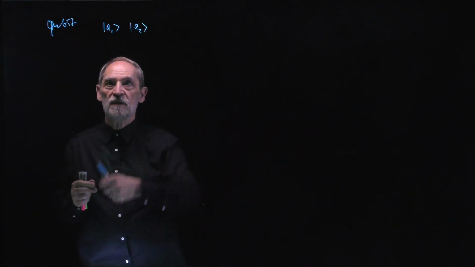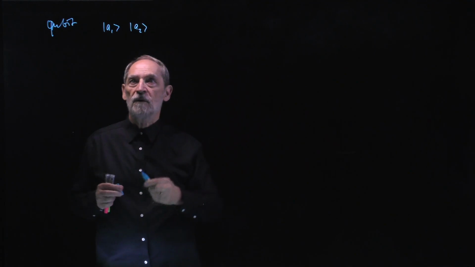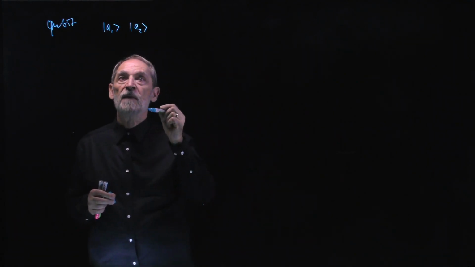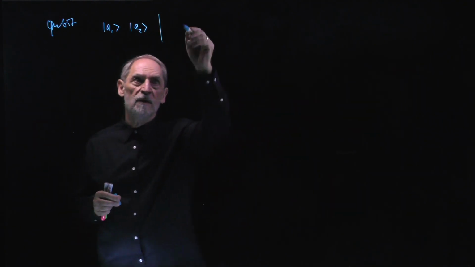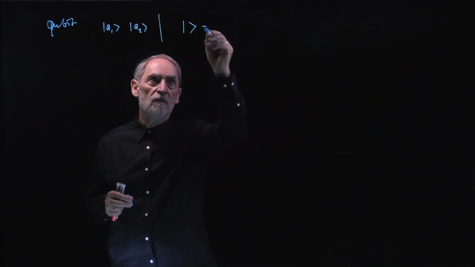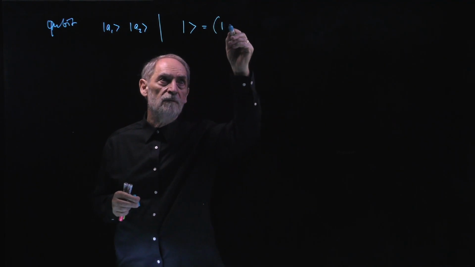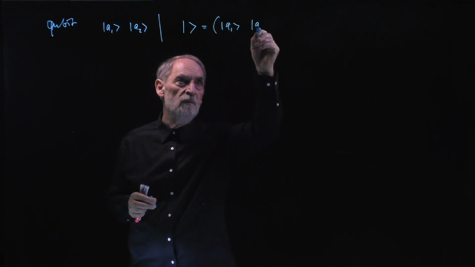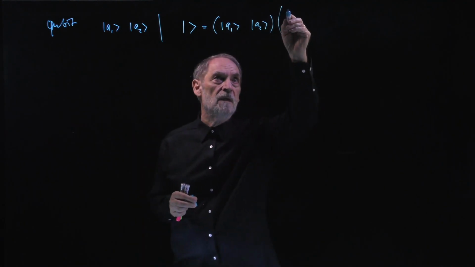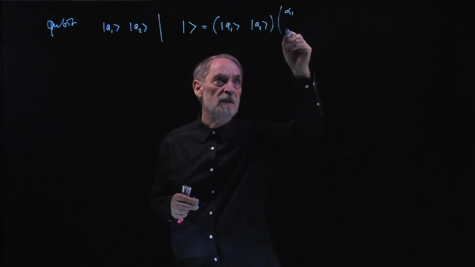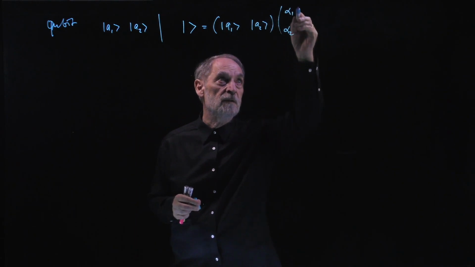We will describe them by such a pair of kets and the corresponding bras, and then an arbitrary qubit state would be written with amplitudes that go with this choice A1 and A2. So there will be probability amplitudes, say alpha 1 and alpha 2.